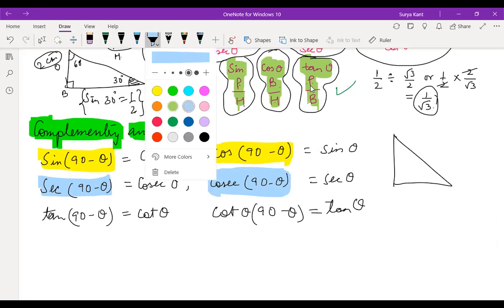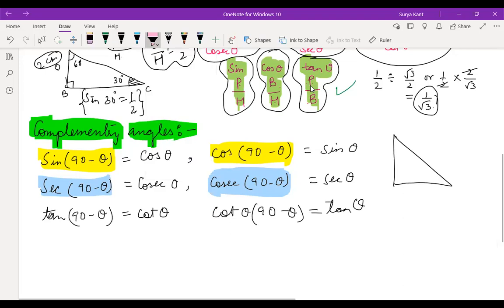These are the things we need to remember. So this is the complete concept of complementary angles. If you do the questions, then you can understand better, but the concept is this much only.